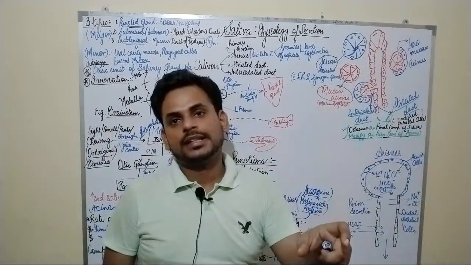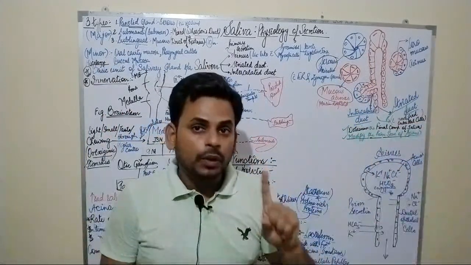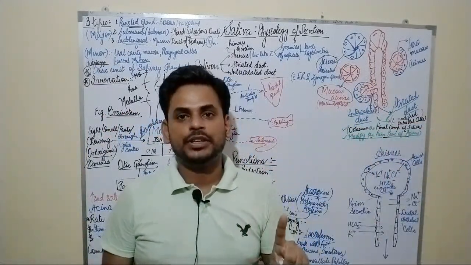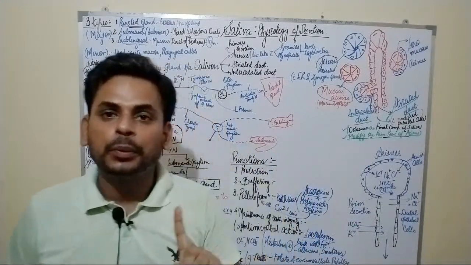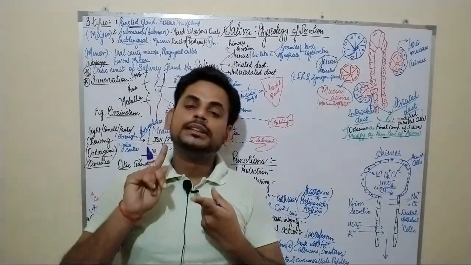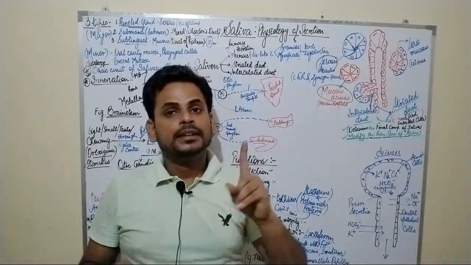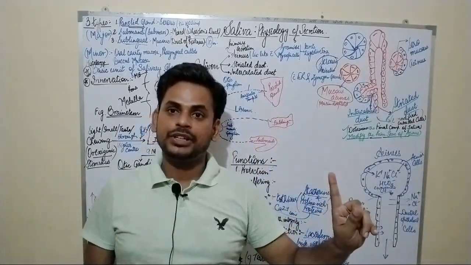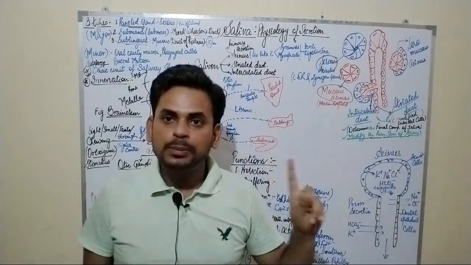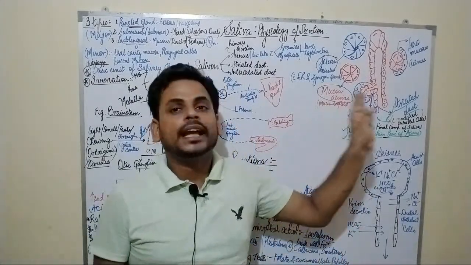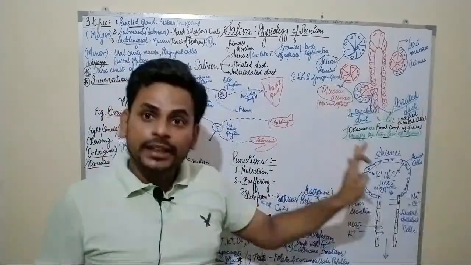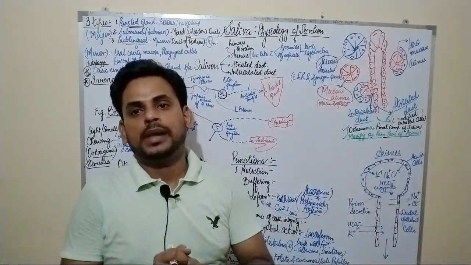This secondary, or final, salivary secretion is always hypotonic to blood plasma. So students, very important: in various PG entrance exams you are asked that the primary salivary secretion is isotonic to blood plasma, whereas the secondary salivary secretion is hypotonic to blood plasma.